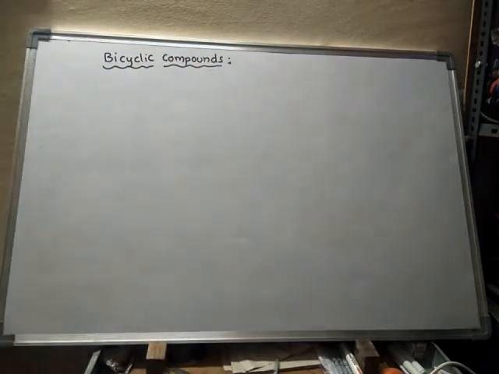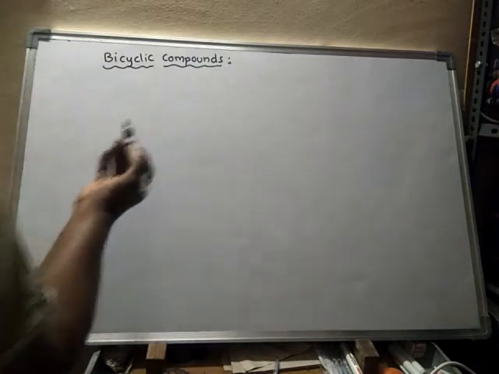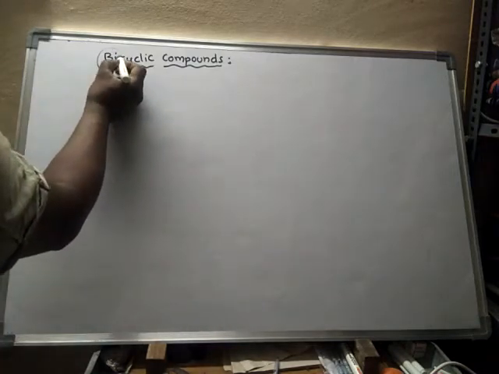What are bicyclic compounds? The name itself will indicate that. Bi means two. If two rings are present, they are called bicyclic compounds.